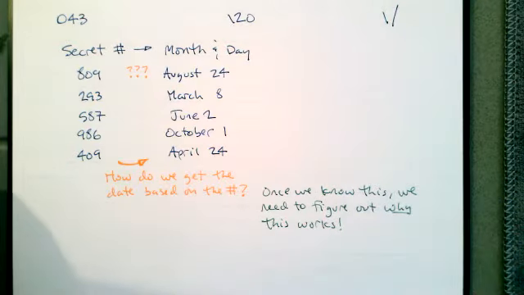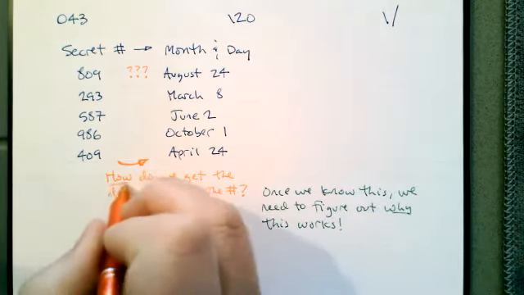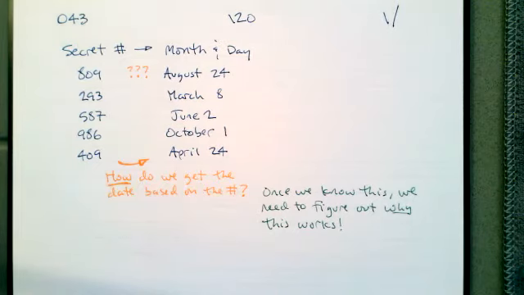The first step is to figure out how we do the thing. The next thing is to figure out why the thing works the way it does. That's why we have these two questions.